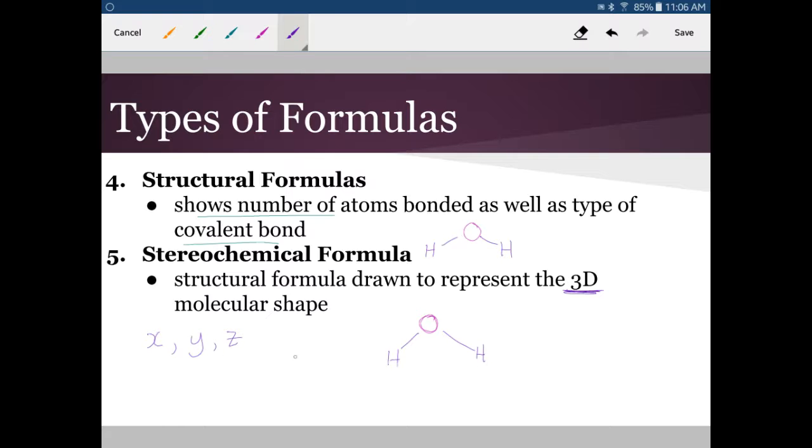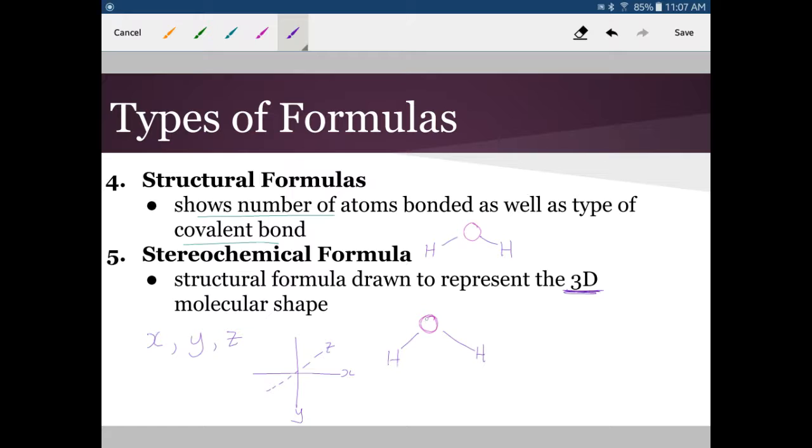We have x and y, which are our regular 2 planes, and then z is the plane that goes through the center of our x and y, coming out of the page towards you, or out of your computer screen, whatever you might be watching this video on.